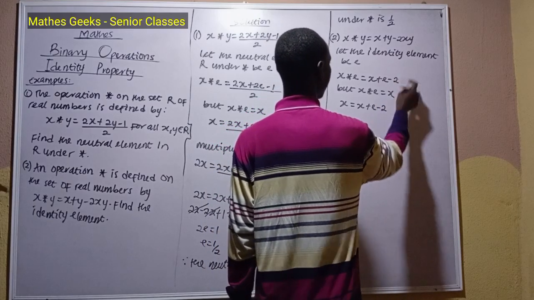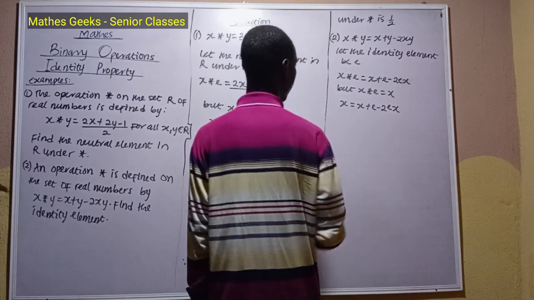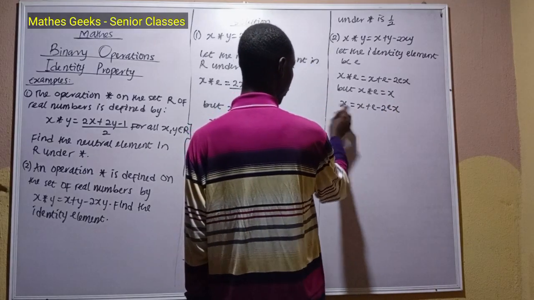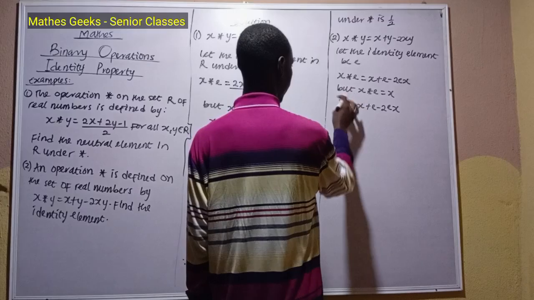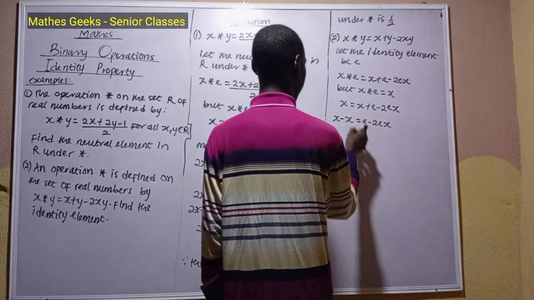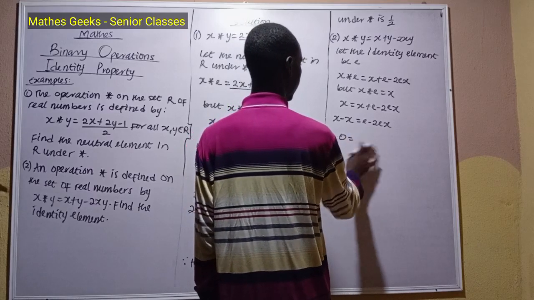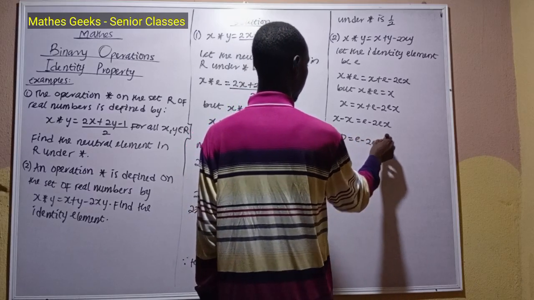Okay, basically e comes with x, 2ex. Now we need to bring x to the side. Remove from here, x minus x equal to e minus 2ex. So x minus x is 0, equal to e minus 2ex.